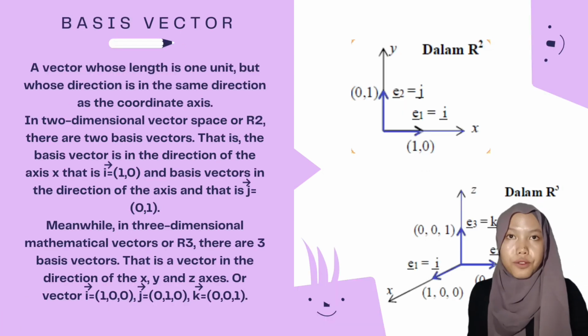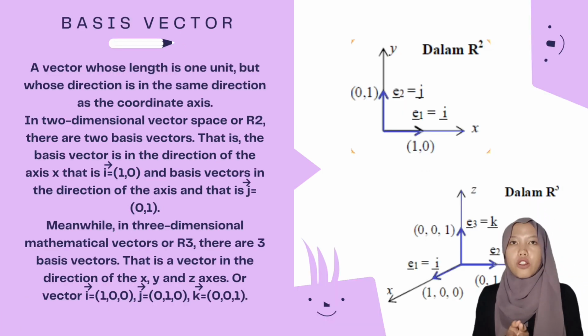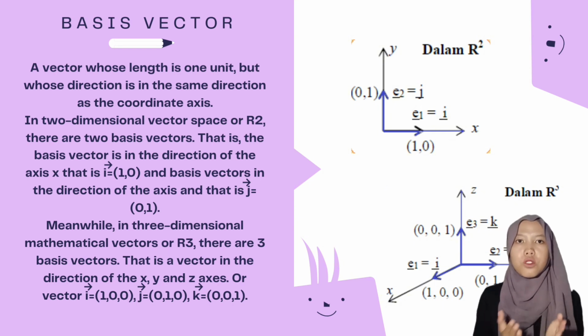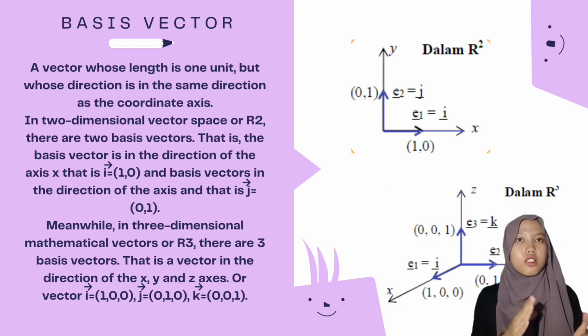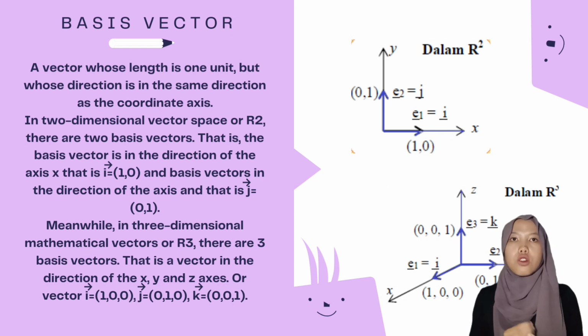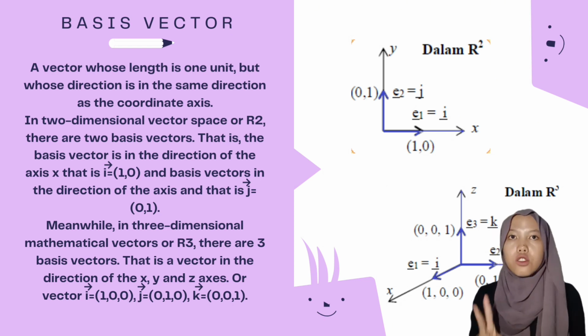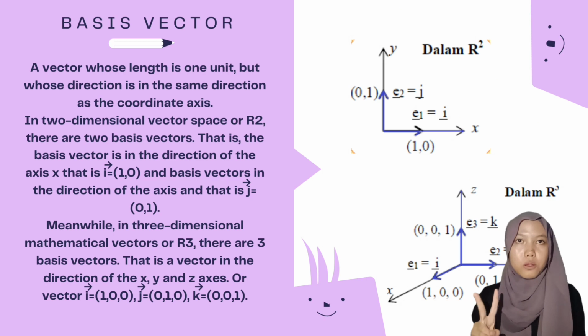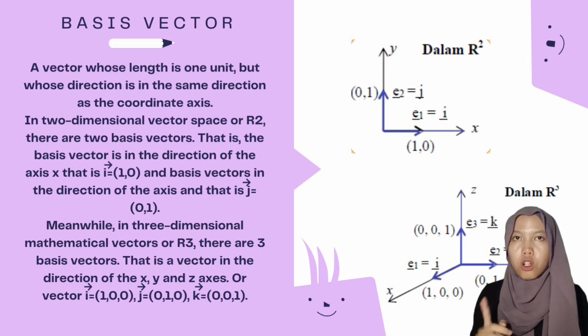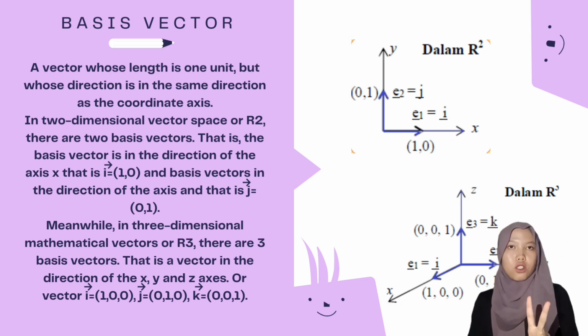Next is the basis vector. A basis vector is a vector whose length is 1 unit and whose direction is the same as the coordinate axis. In two-dimensional vector space, or R2, there are two basis vectors.